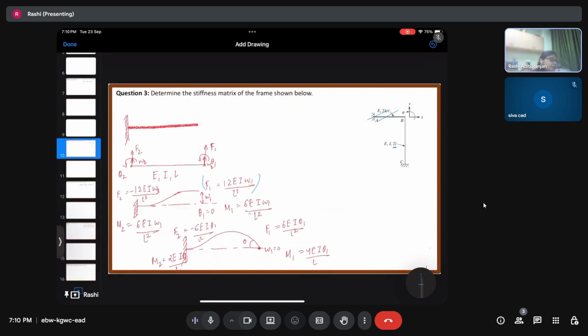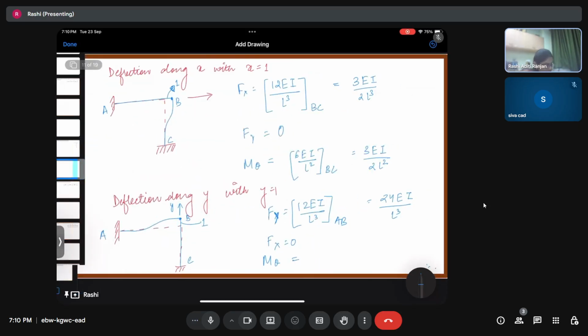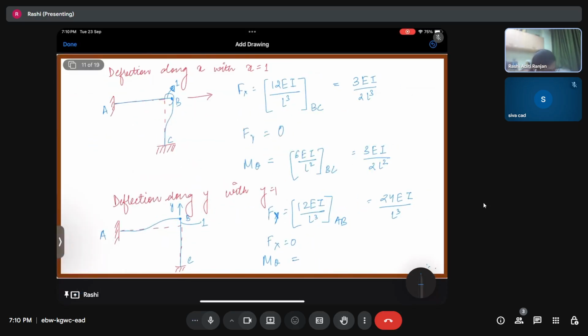It is important to note over here the direction of m1. So m1 is essentially in this direction, outside. Over here, if you look, we had m1 like this, but over here we have it like this.